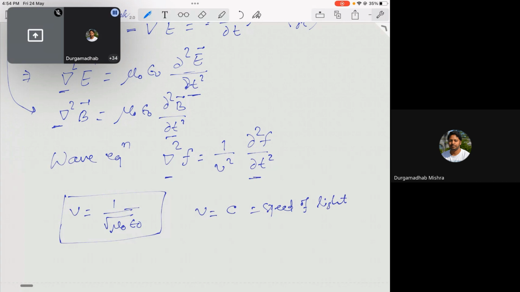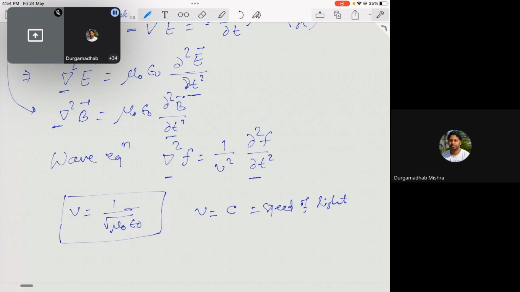Which was very surprising to many, and of course to Maxwell as well, and which immediately tells you that these electric and magnetic fields can exist without any source. They can move as a wave without any charge distribution or any current.